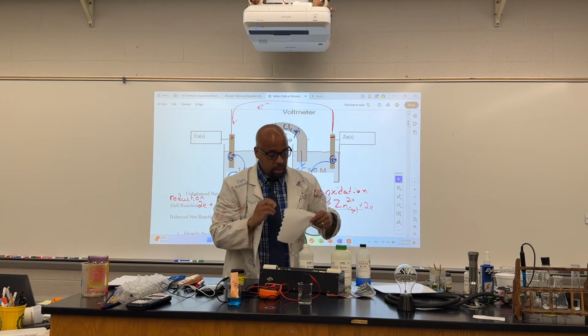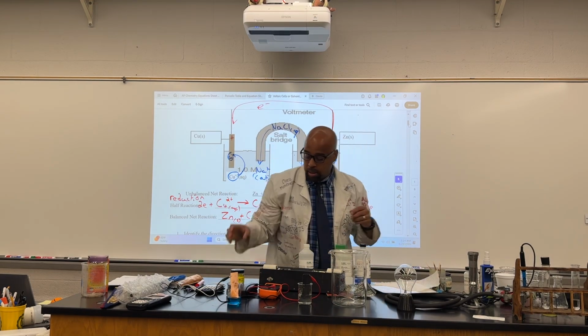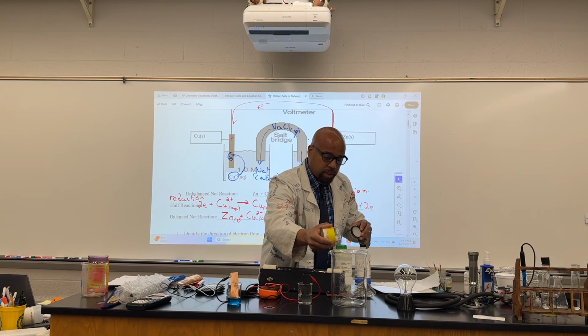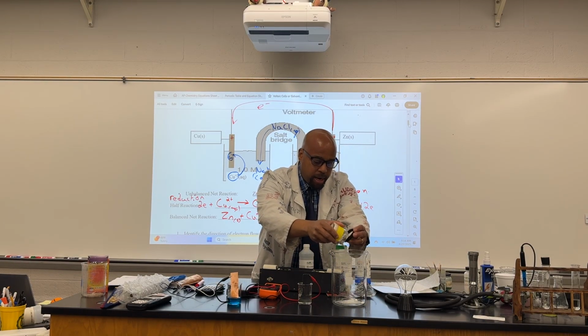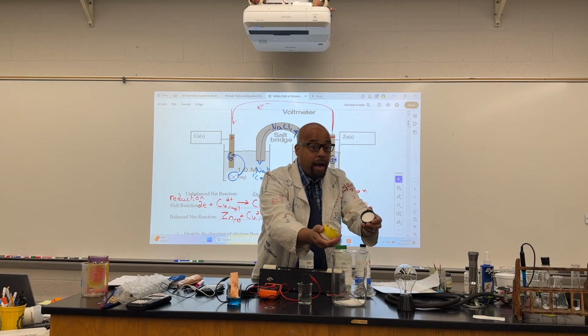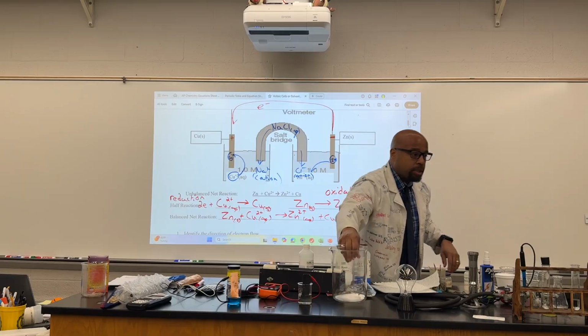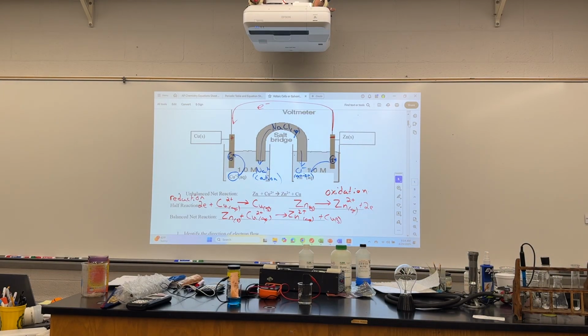So I'm going to take this beaker and add some potassium chloride. And I know that this salt is definitely going to be soluble, because it's got an alkali metal in there. Alkali-containing compounds are always going to be soluble. So I'm just going to add a little bit of water right here and get it dissolved.